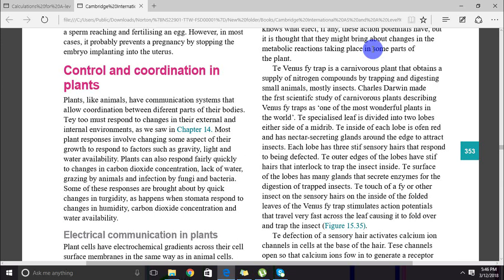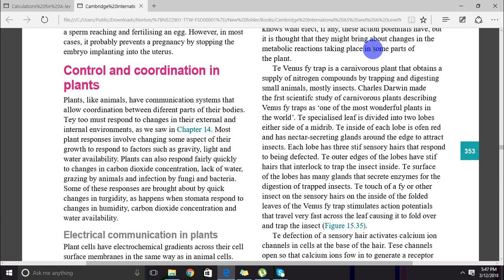So that change is the creation of an electrochemical gradient with greater positivity in the cytoplasm compared to the outside of the cell on the other side of the cell surface membrane.